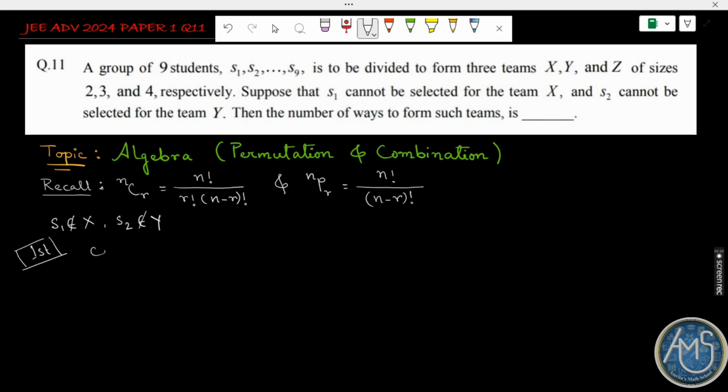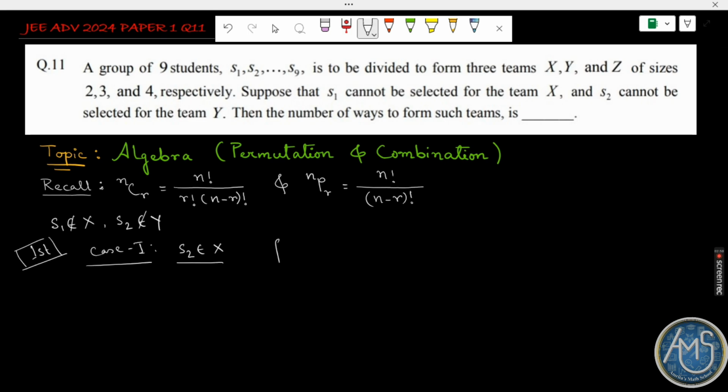So we can think of 2 cases. Case 1 is S2 belongs to X. That means S1 doesn't belong to X, but S2 belongs to X. So for team X, one member is already selected, that is S2.